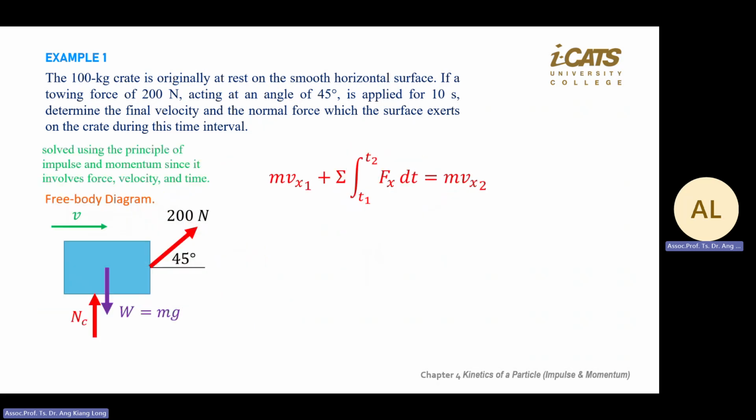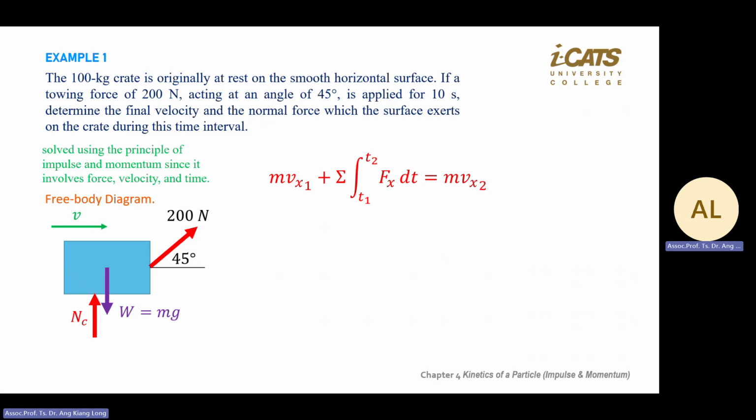The first step, you write the linear impulse and momentum equation: mv1 plus the integral of force dt equal to mv2, or you can write Ft equal to mv2 minus mv1 also can.